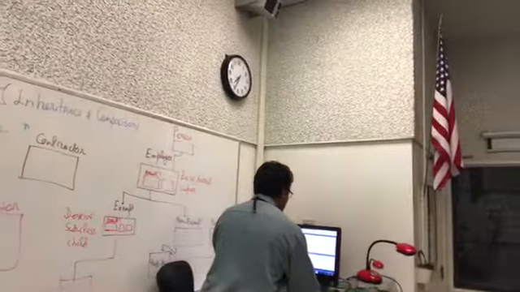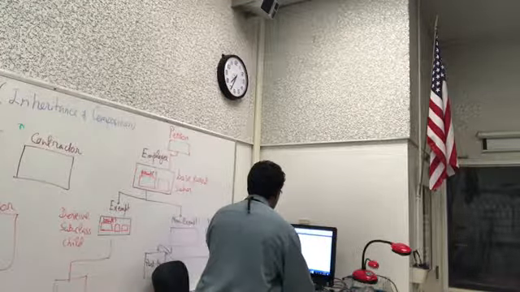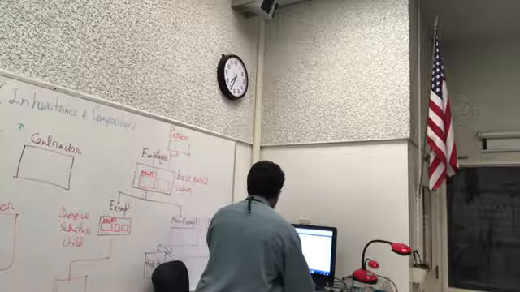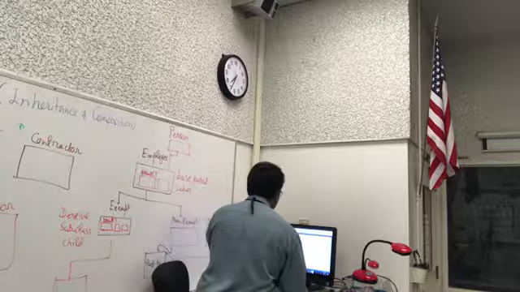Now, if I really want to access this one in the derived class, I have to change this to protected member. So I'm going to change that to protected member, and comment out this part here.